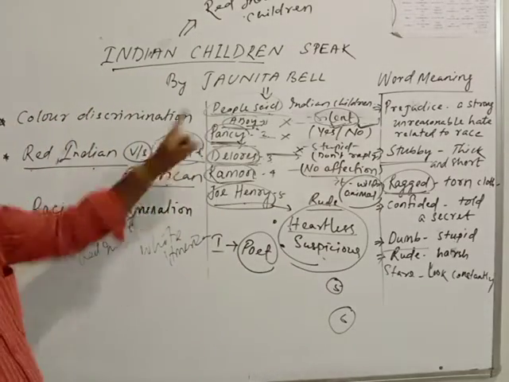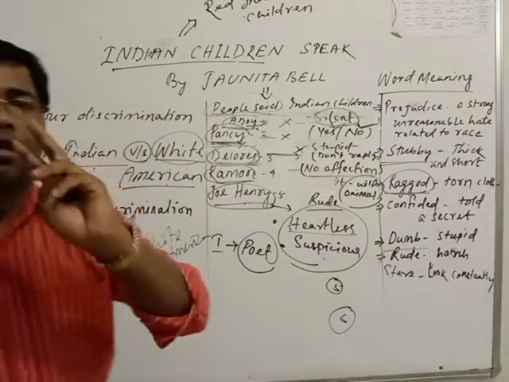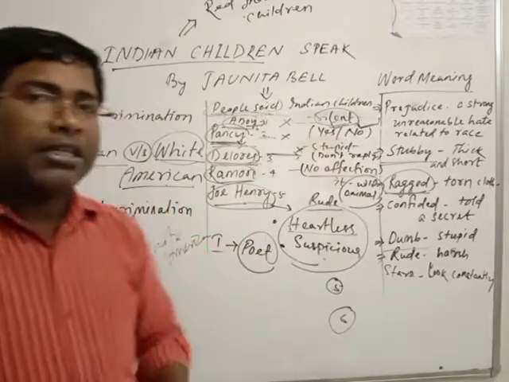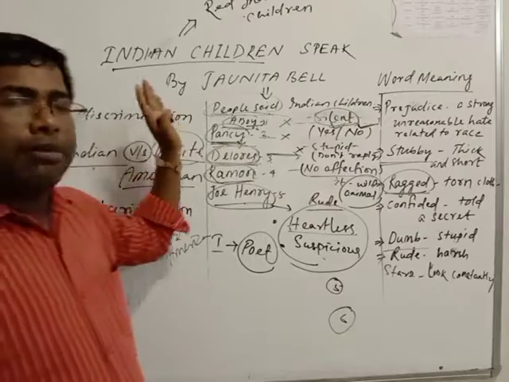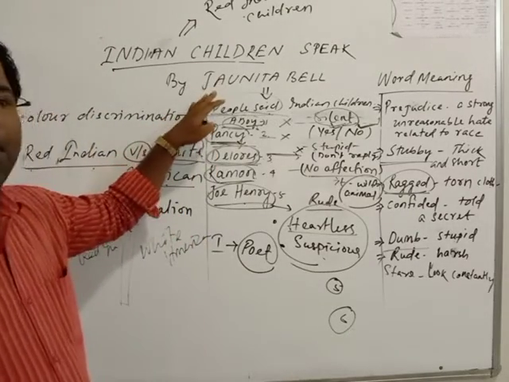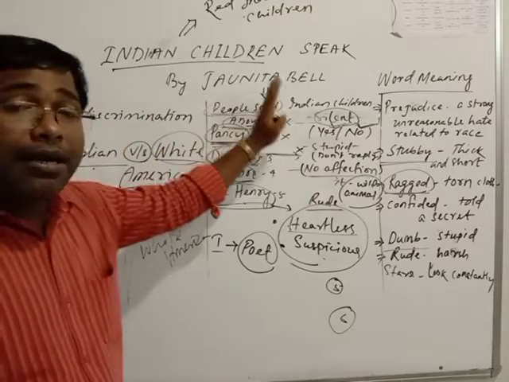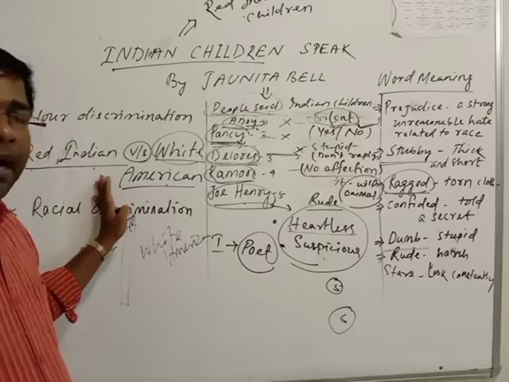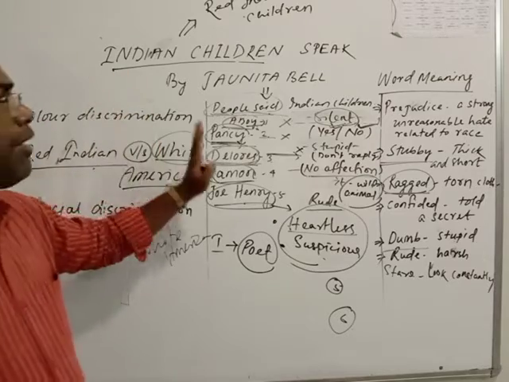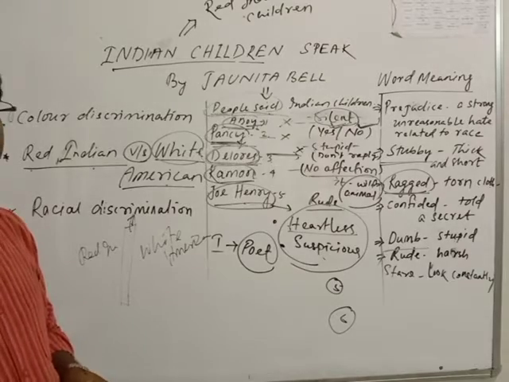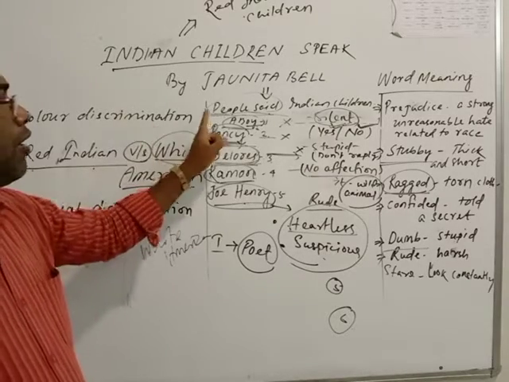And see, again in 3 to 4 sentences I am going to complete this poem. This poem is about the misunderstanding, dominating, or looking down upon of the white American against the red Indian, and they think that it is very difficult to teach the red Indian children, but it was proved wrong by a boy.